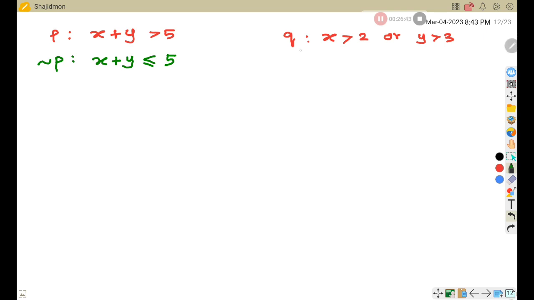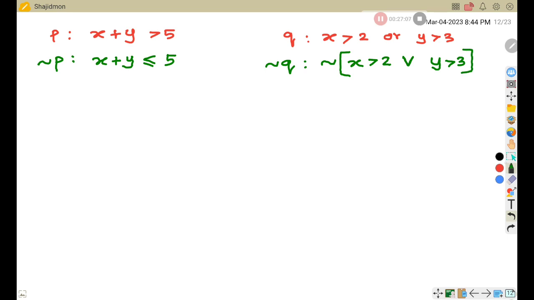Now I want to write the negation of Q. First I am writing the Q statement: x greater than 2 or y greater than 3, correct.